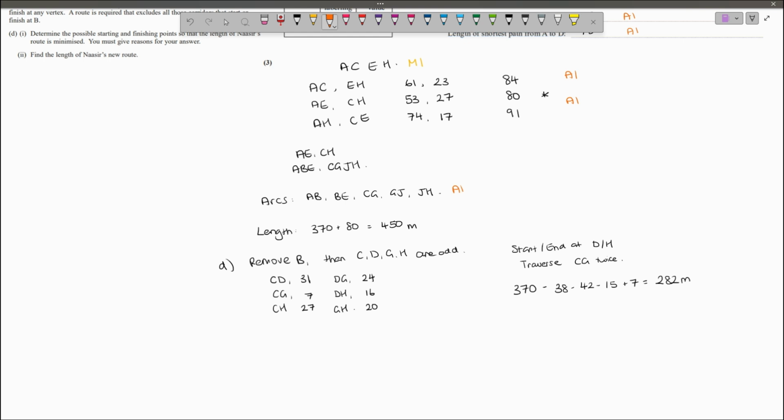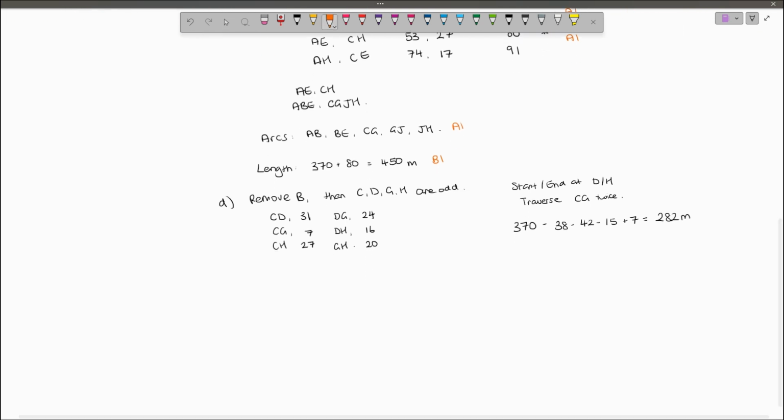We're going to get an independent accuracy mark for the length, which is also a follow-through, depending upon your solutions before. And then for D, part 1 and 2, we're going to get a method mark for saying which vertices are odd. We're going to get an accuracy mark for saying that we need to traverse CG twice. And finally, an independent accuracy mark for giving 282 metres.